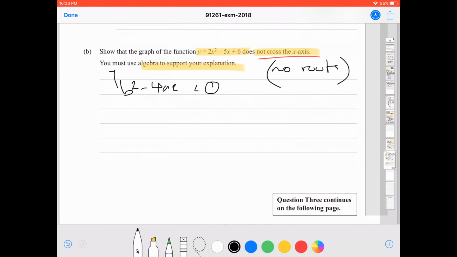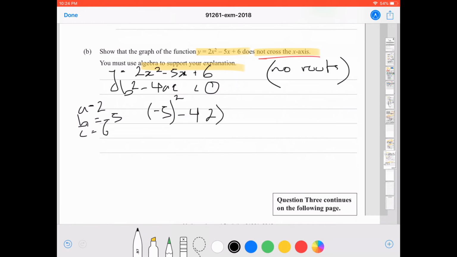So we've got our function y equals 2x squared minus 5x plus 6. We can list out our values: a is 2, b is -5, c is 6. So we've got -5 squared minus 4 times a, so that's 2 times 6.